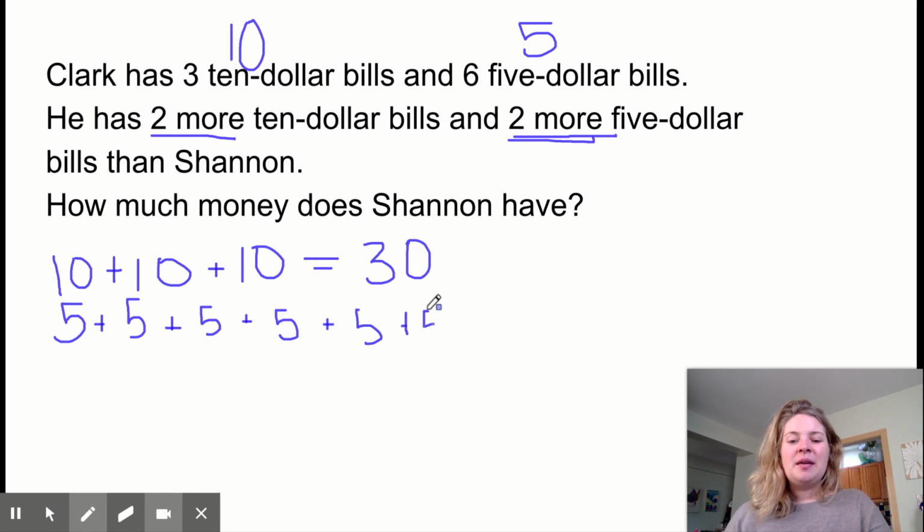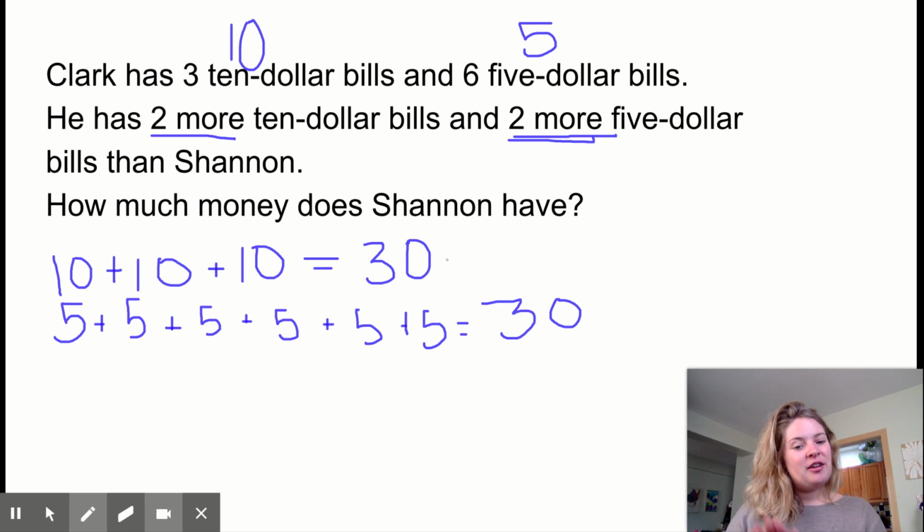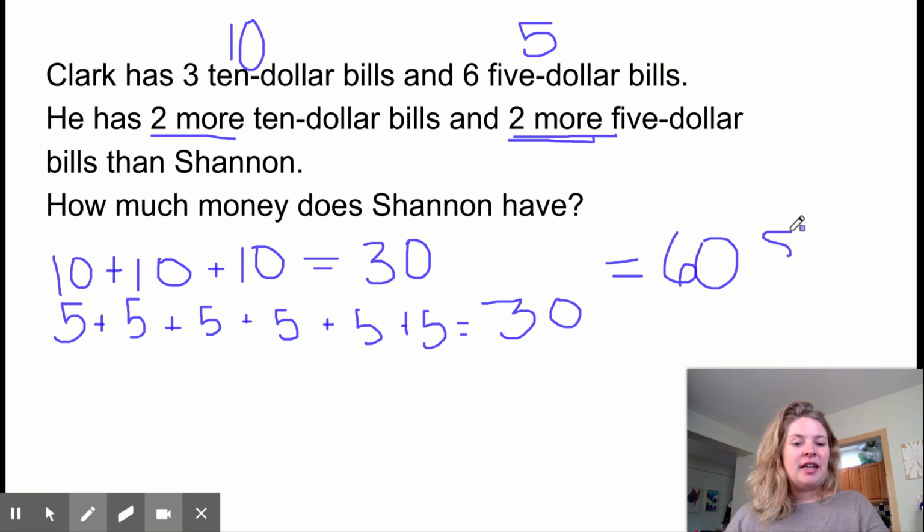You could also skip count this if you would like. 5, 10, 15, 20, 25, 30. All right. 30 plus 30, because we want to put those two together to find out how much Clark has. 0 plus 0 is 0. 3 plus 3 is 6. So altogether, Clark has $60. We know that.